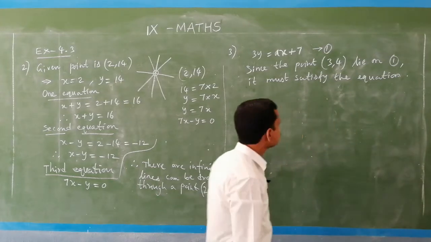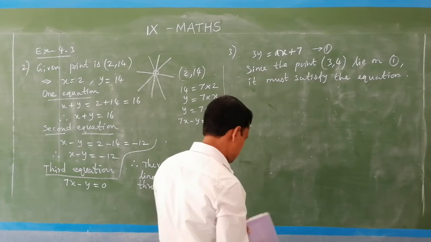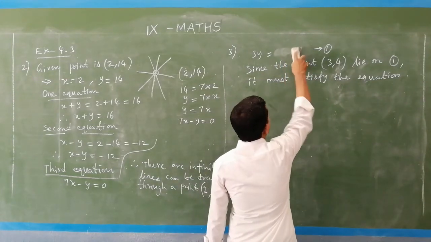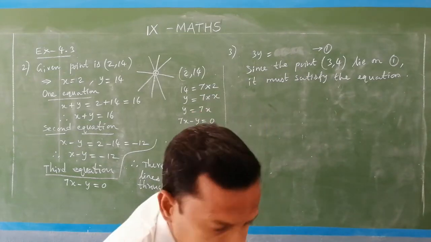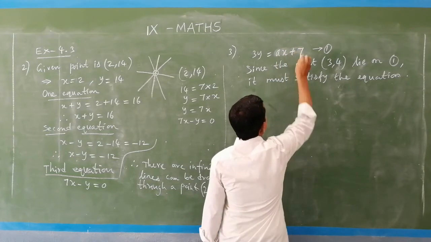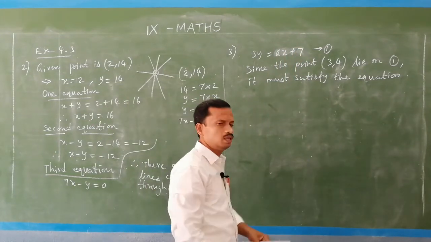Yes or no? Because they have given that the point 3 comma 4 lies on the graph of 3y equal to ax plus 7, right. So it means definitely it must satisfy the equation.